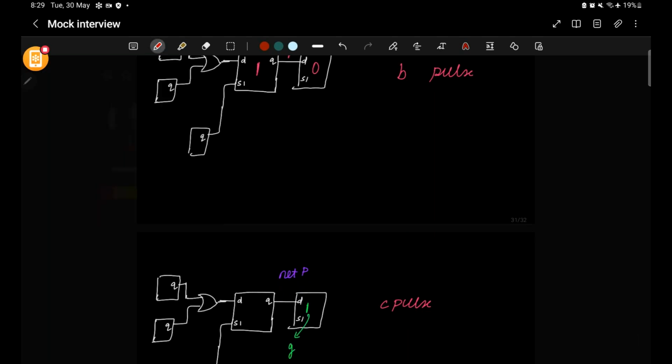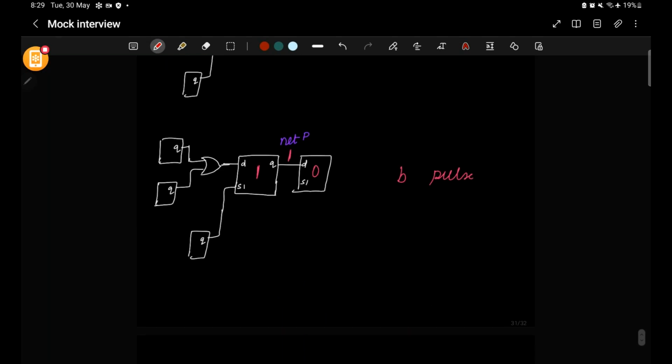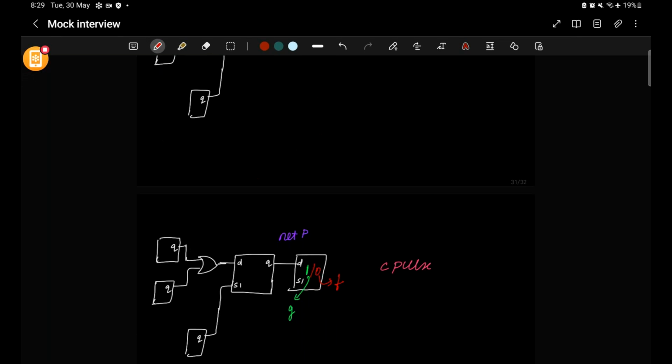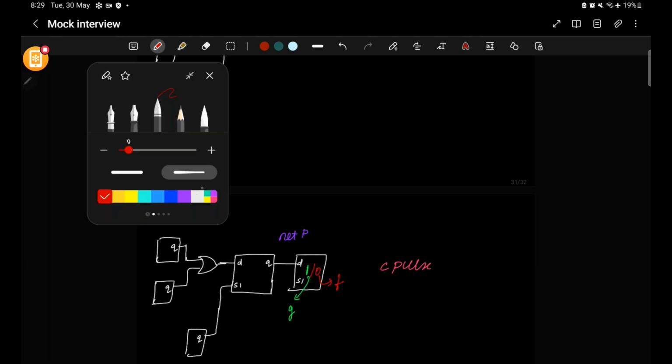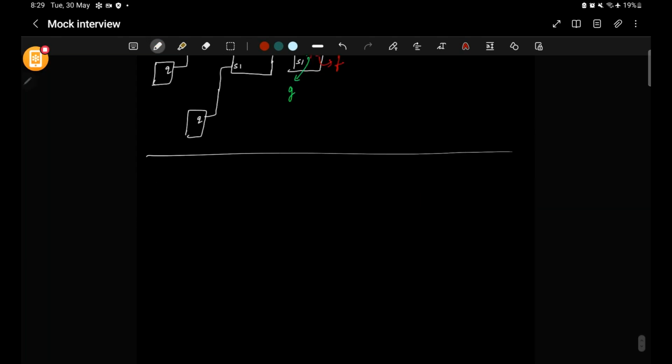If it captures 0, then that is a faulty value. This net P is having a slow to rise fault, that is, this net has not got transitioned. So this is how, using LOC, the tool will try to detect the fault. Same way, now if you consider LOS.